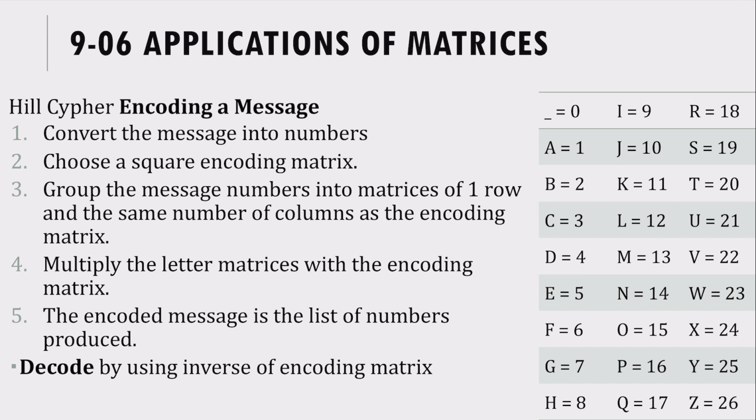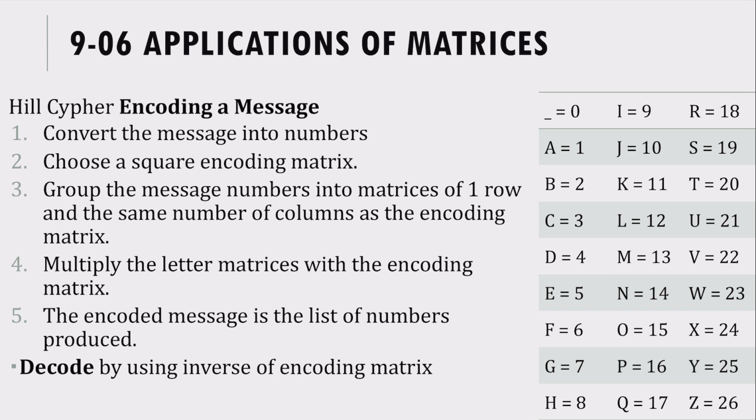This is nice in that the result is different numbers for the same letter. So you might have E 2 or 3 times, but they're all different numbers, which is harder to break because often messages were broken by just what's the most common number.